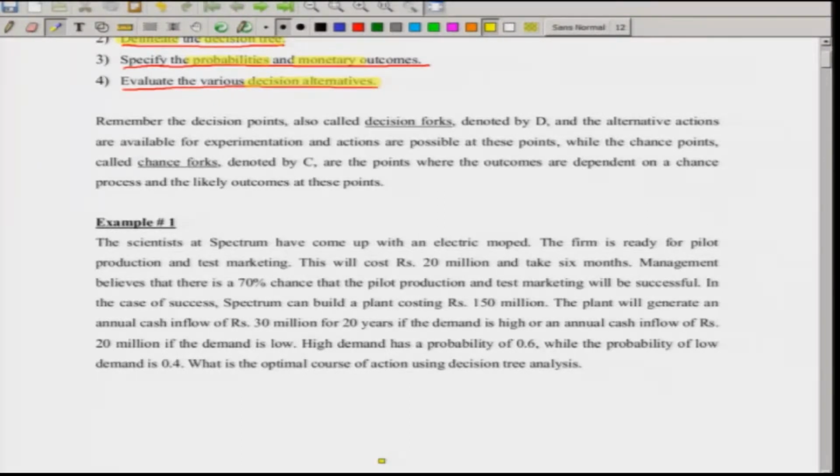In case of success, the company can build a plant costing 150 million, and if the demand is high, it will get 30 million for each year for the coming 20 years, or else if the demand is low, it will get 20 million each year for the coming 20 years. Now, the high demand probability is 60% and the low demand probability is 40%.